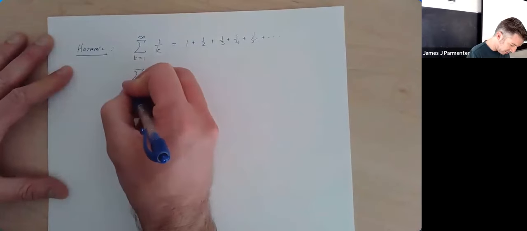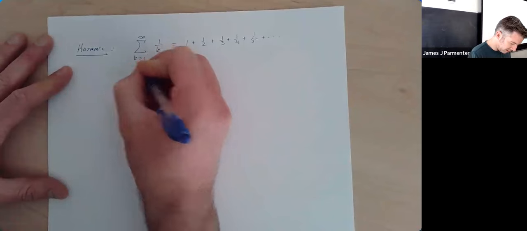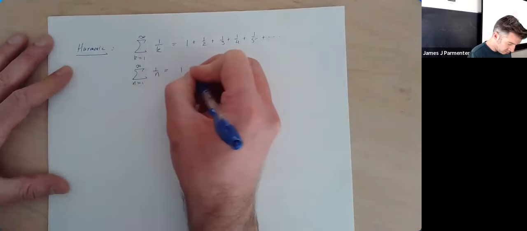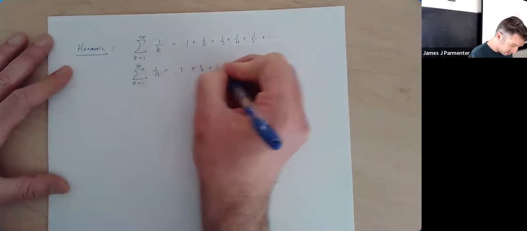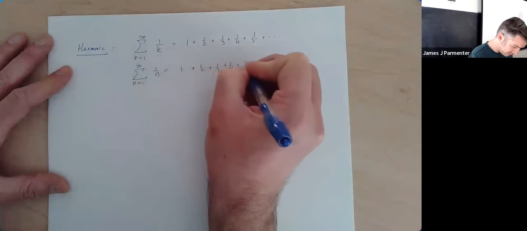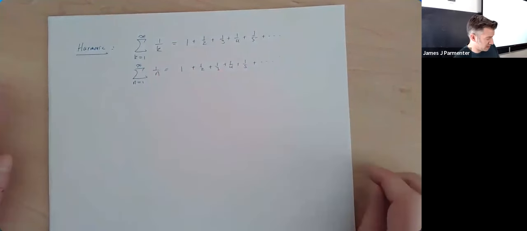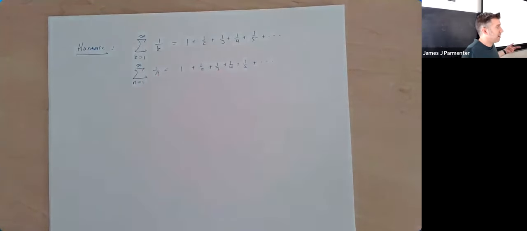He's writing it as the sum from n equals 1 to infinity of 1 over n. But it's still the same thing. That's going to be 1 plus 1/2 plus 1/3 plus 1/4 plus 1/5, all the way forever and ever.